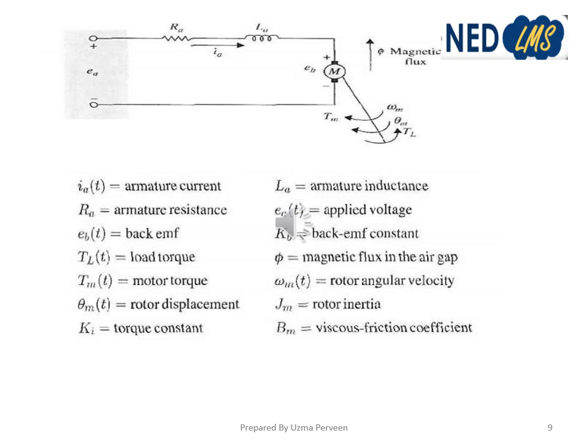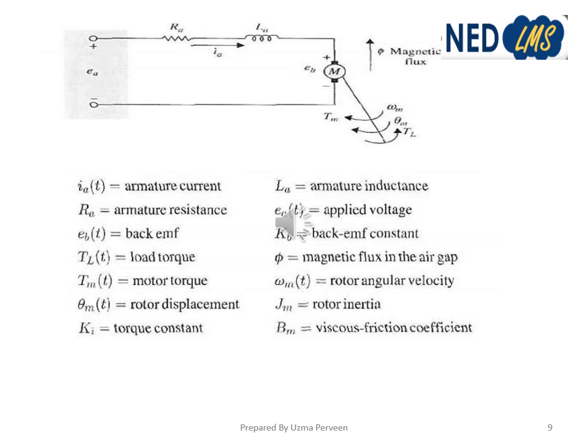So here Tm is actually the motor torque, and if we connect a load to the motor shaft, then it will be represented by TL or the load torque, where this is the armature circuit, RA and LA are the armature resistance and inductance, IA is the armature current, and EA is the applied voltage at the armature, and displacement and velocity are respectively represented by theta and omega, where J is the motor inertia, Bm is the friction coefficient, and Ki is the torque constant.